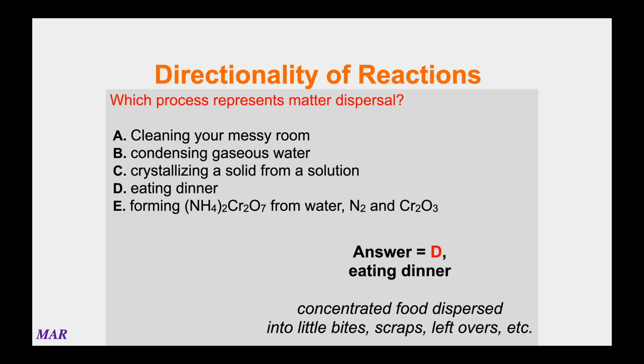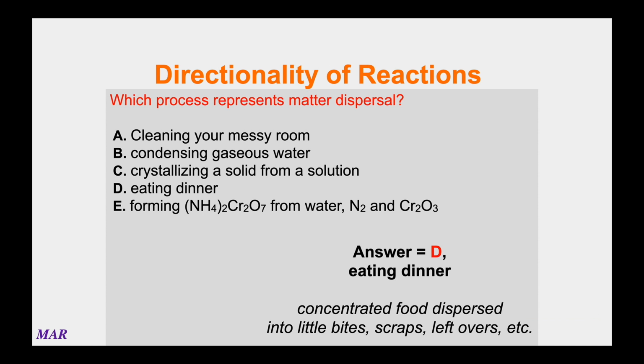Eating dinner is actually a great way to see that you've got matter dispersal. You're taking concentrated food sources, consuming it, making it go into energy, getting rid of it as waste and stuff like that. You are absolutely helping the spontaneity of that reaction. Dinner is meant to be eaten. Woohoo! So this is a silly example, but it does show how matter can be distributed in some strange ways.